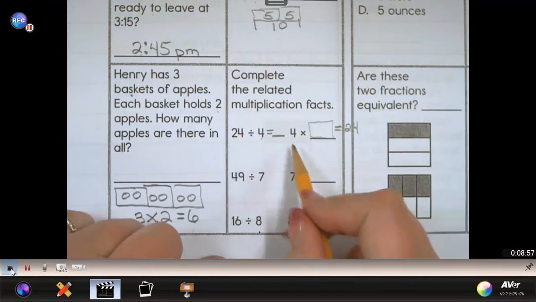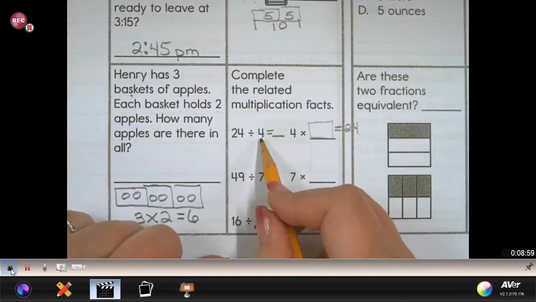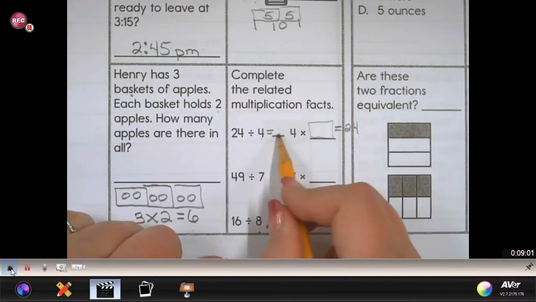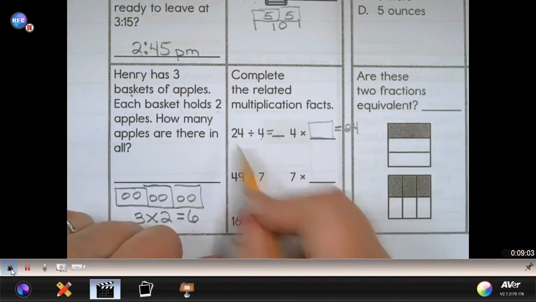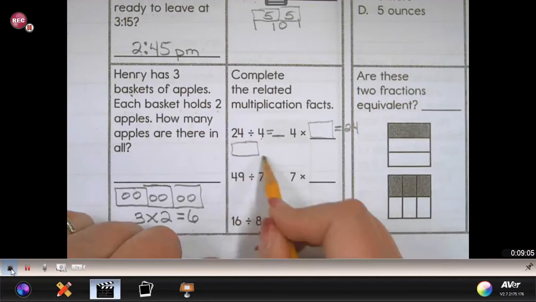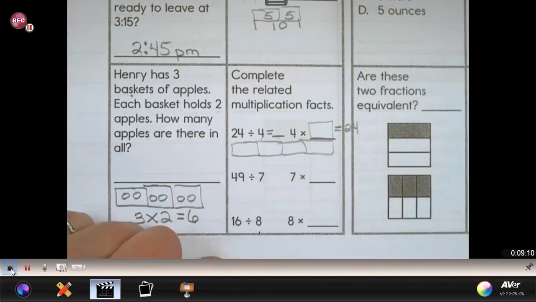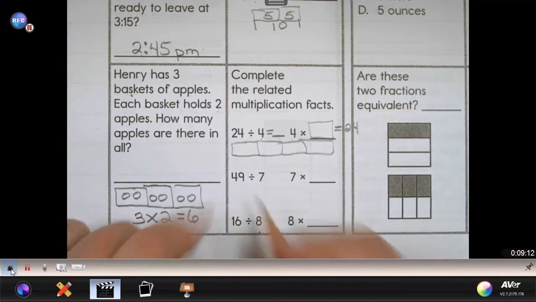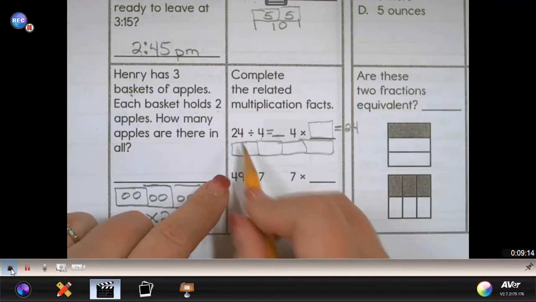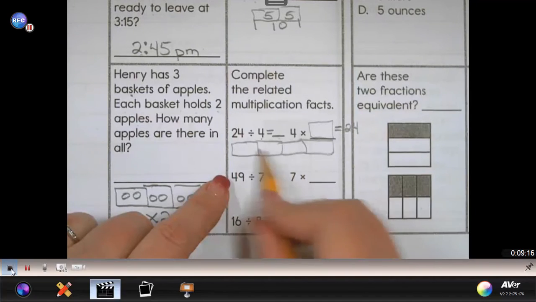So I can do one of 2 things. I can think about this as counting by fours to find out how many groups I have, or I could start taking 24 objects and separating this 24 equally into 4 equal groups.